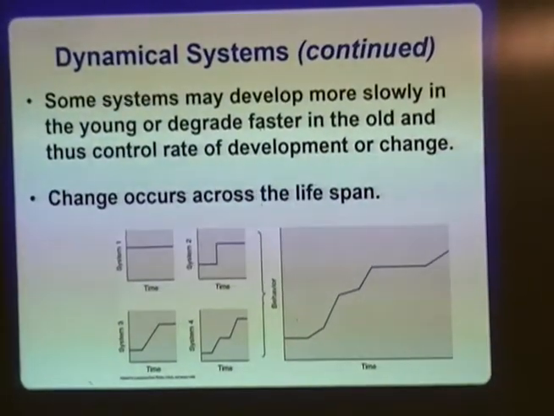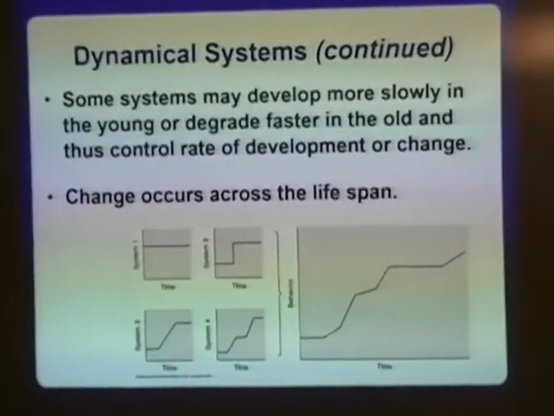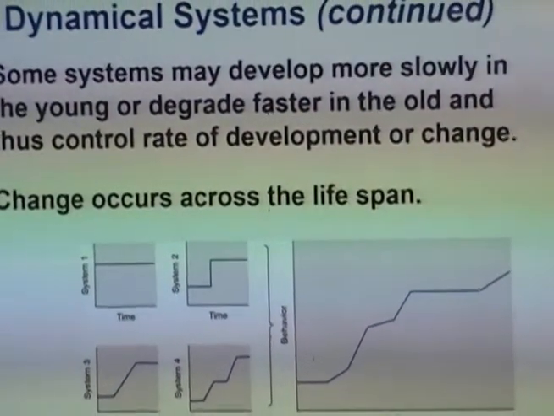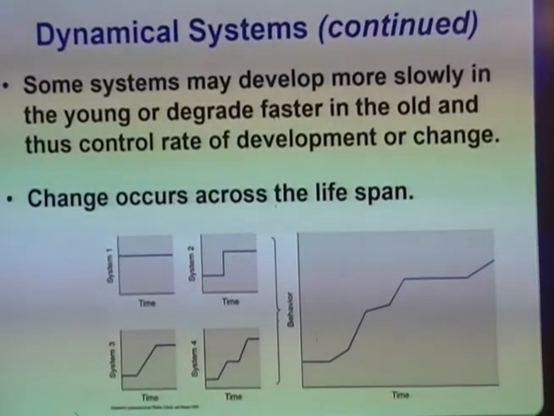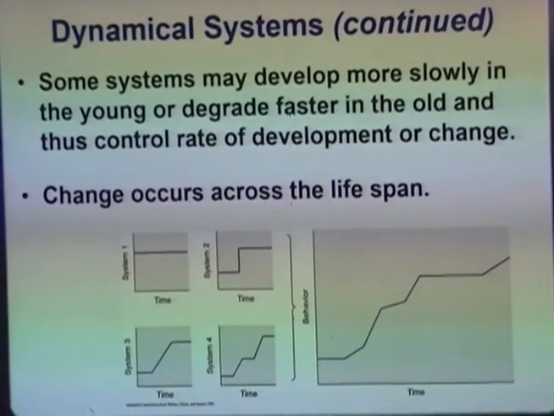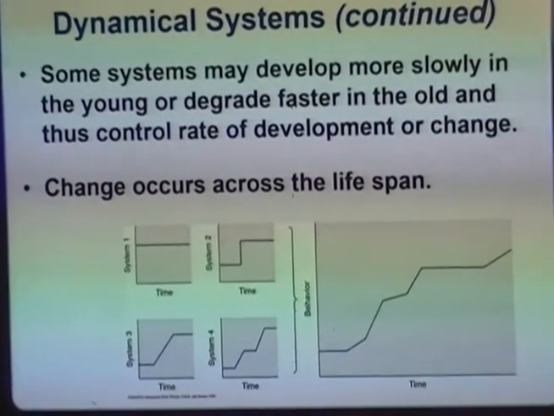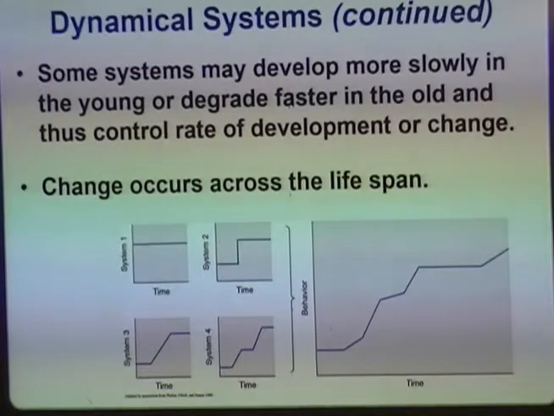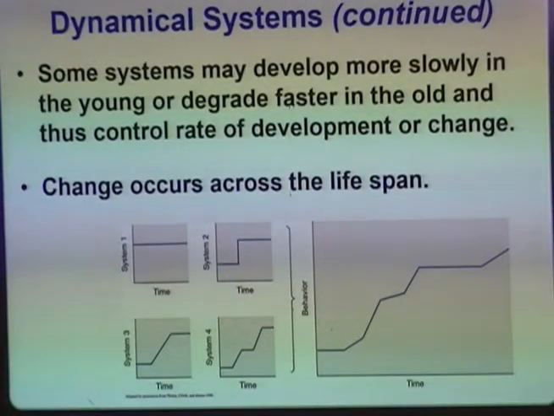Not all my systems in my body develop at the same time. If you've had some anatomy and physiology, then you've got a good feel for that. All right? My digestive system doesn't develop at the same rate as my cardiovascular system, doesn't develop at the same rate as my skeletal system. Right? Everything has its own kind of timeline within the one body.